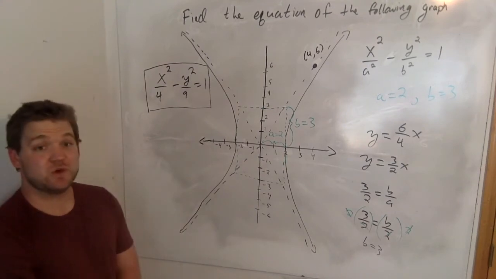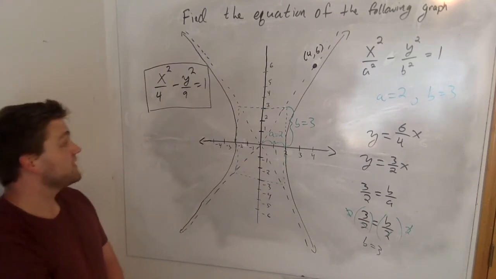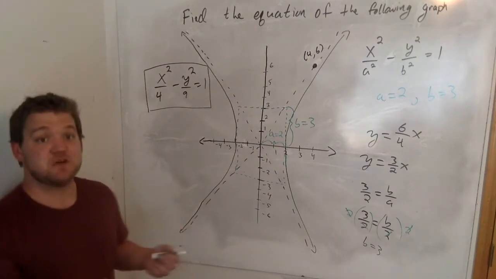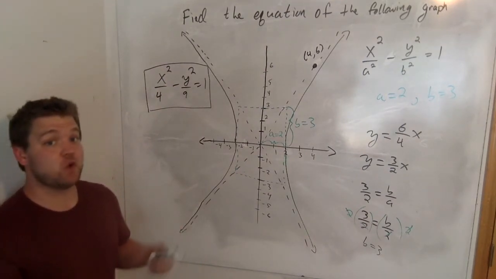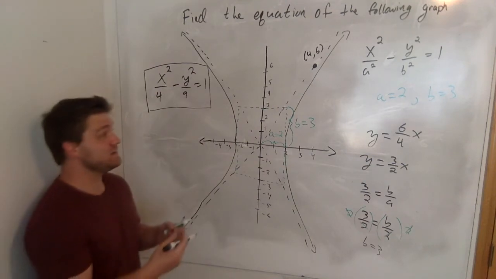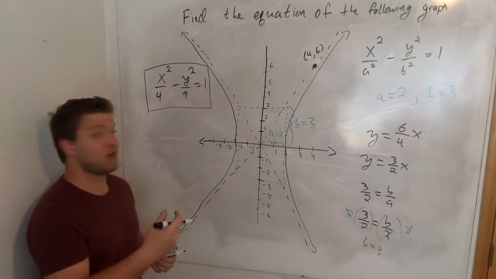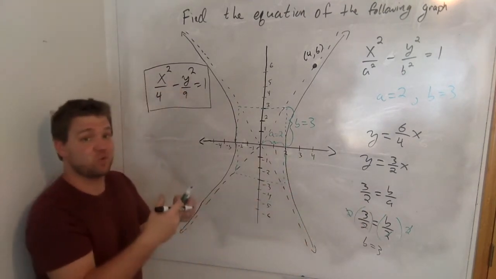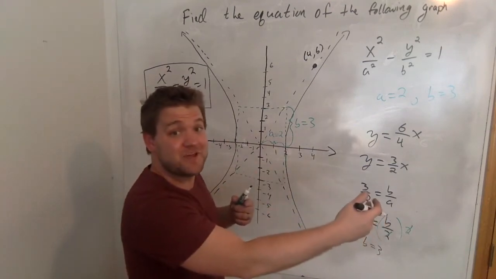One thing to notice that we need to be careful about that's different from a hyperbola to an ellipse is these a's and b's. For an ellipse, a is always bigger than b. That's how a is defined on the ellipse. A is the distance from the origin to the end point of the major axis.